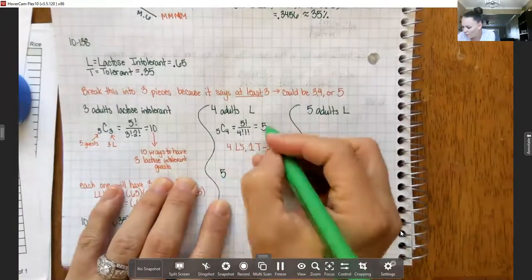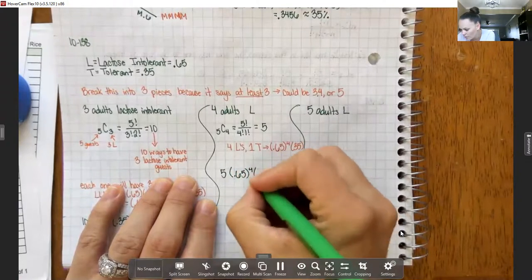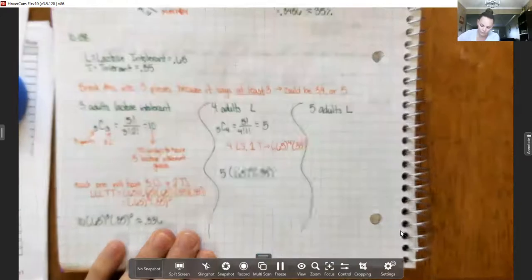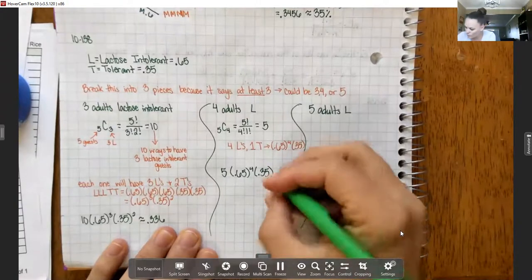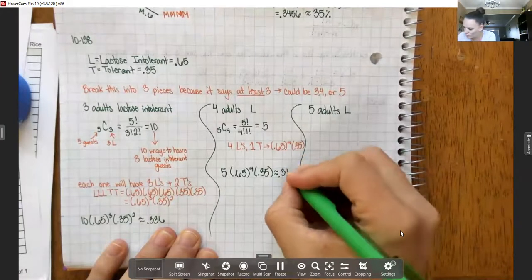So 5 times 0.65 to the 4th times 0.35. This is about 0.312.